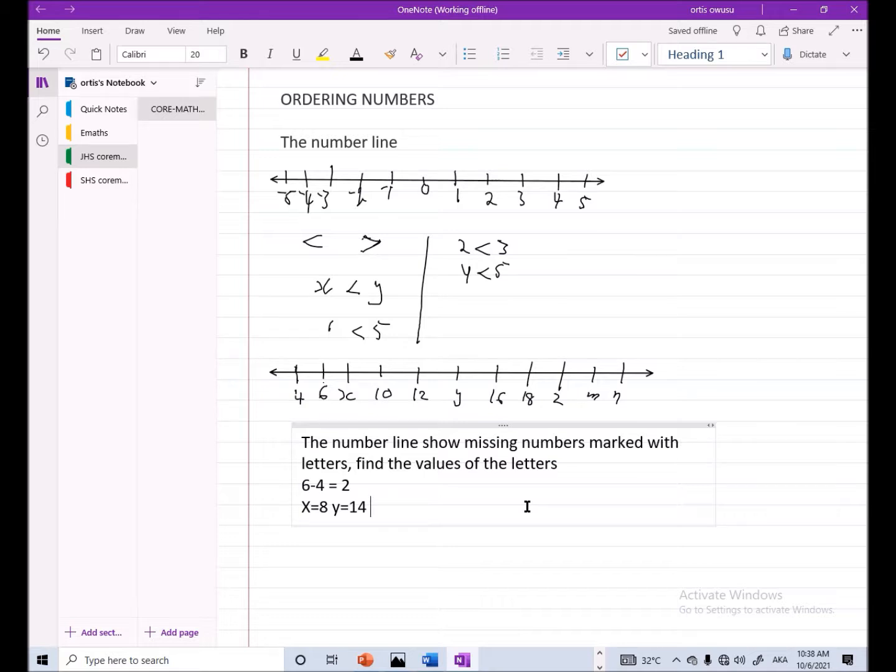What of z? z will be what? z will be 20, right? Okay. So it goes on and on, right? So now we can identify m and n. m will be what? 22. And then n will be what? 24.